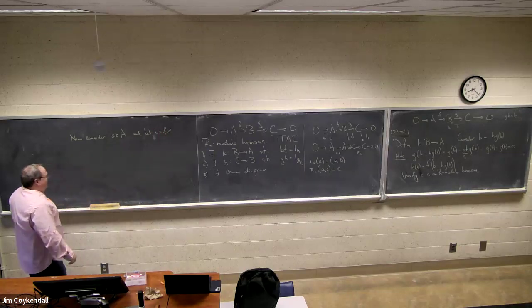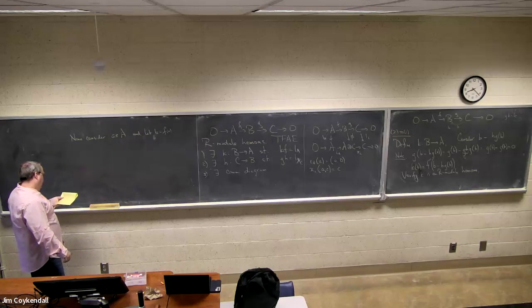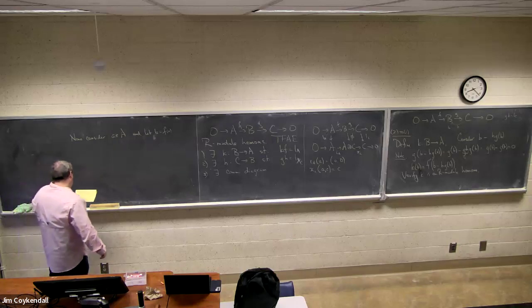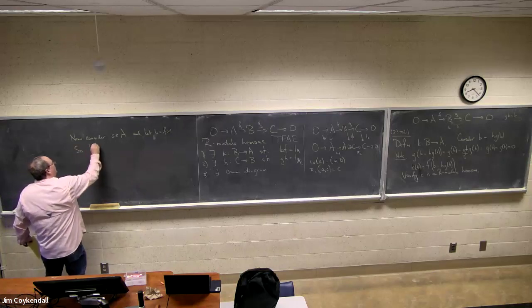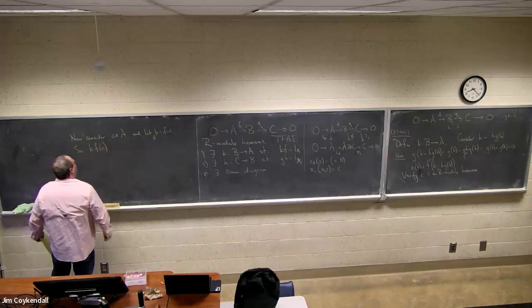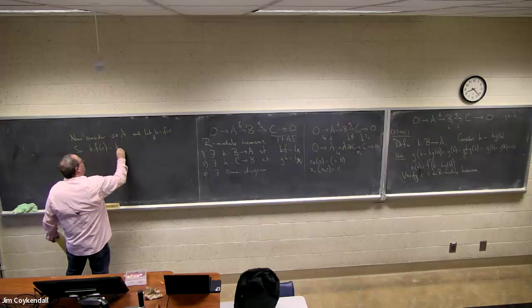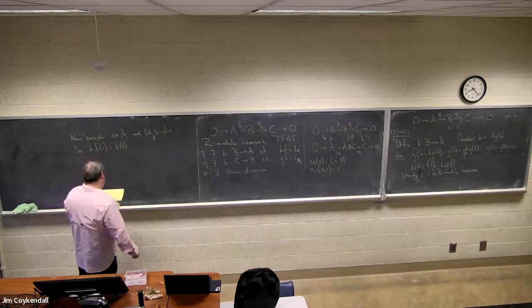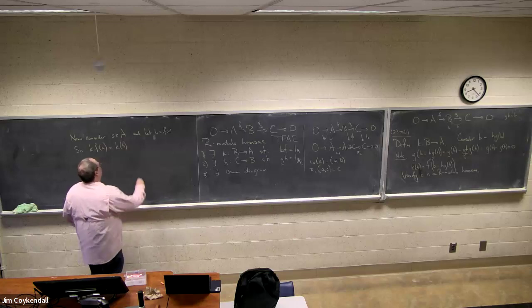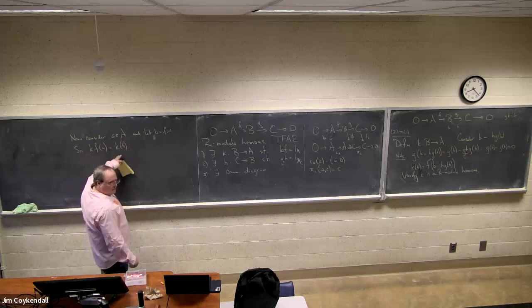Okay, so let A be an A and let B be F of A. I hope this turns out to be A is K of B. And how do we define K of B?